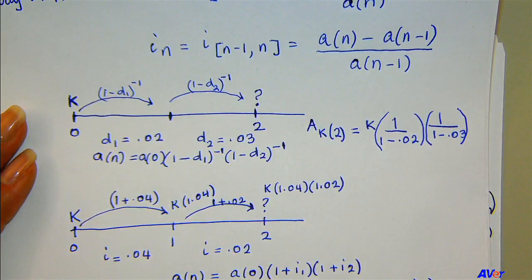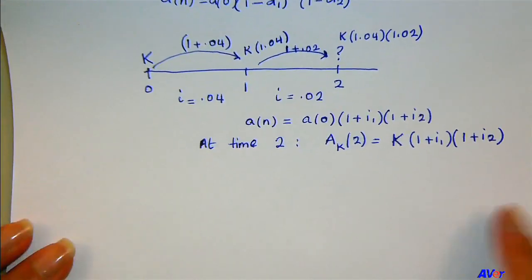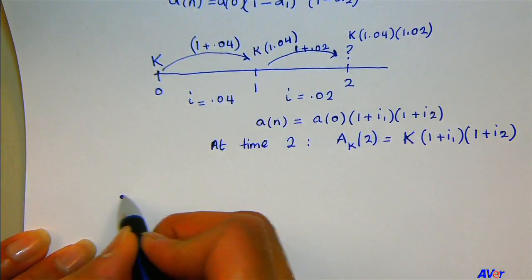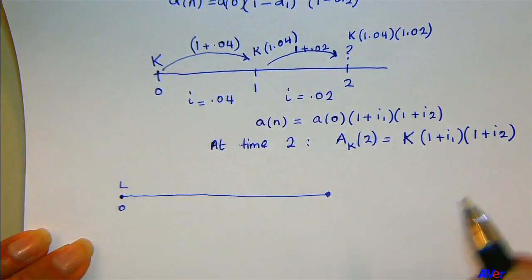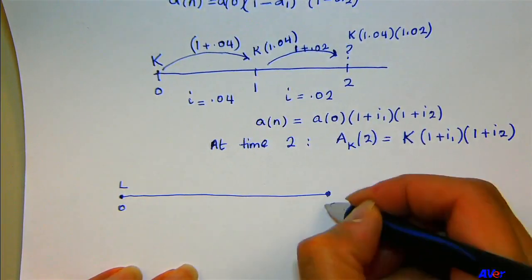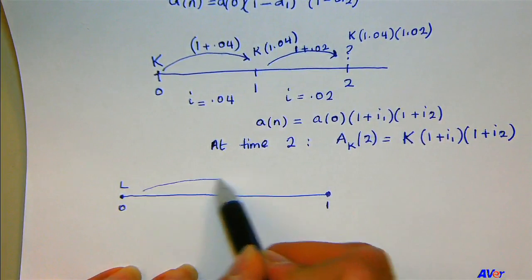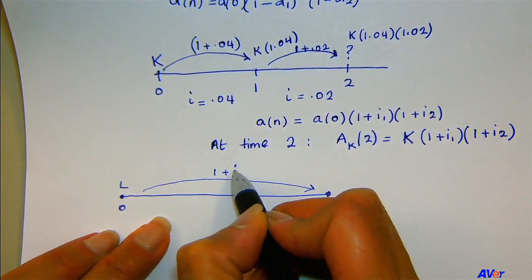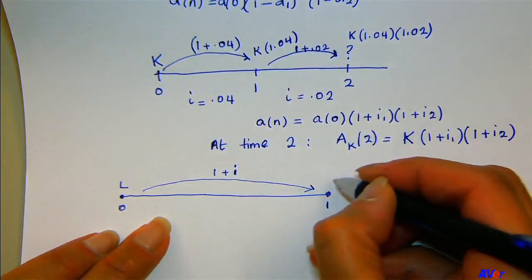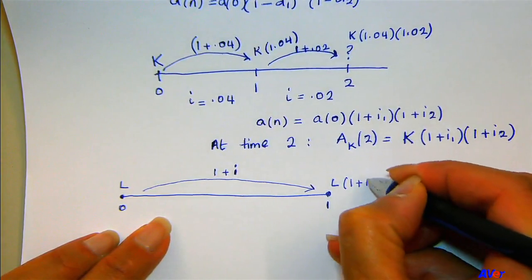So this shouldn't come as a surprise to you, because didn't we have an equation that said (1 plus I) times (1 minus d) is always equal to 1? Let me just rehash this, okay? Do you remember that we said last time that if you start at time 0 with L, at time 1 you would be applying this 1 plus I to it. So you would end up with L(1 plus I).